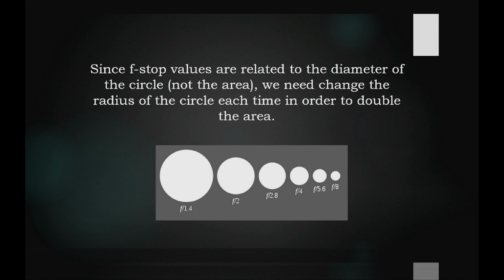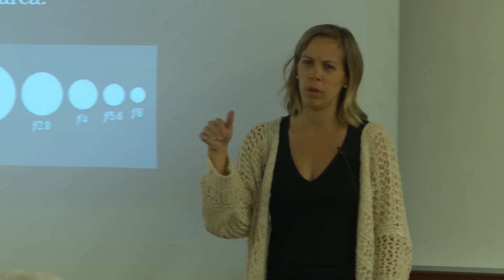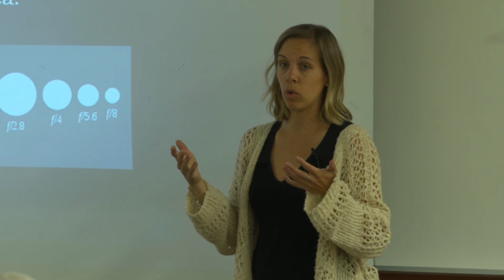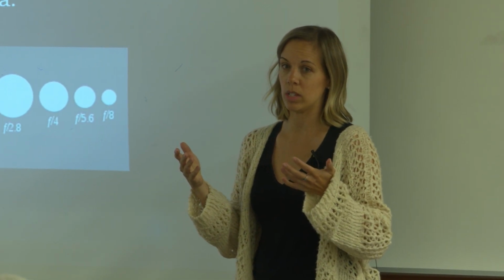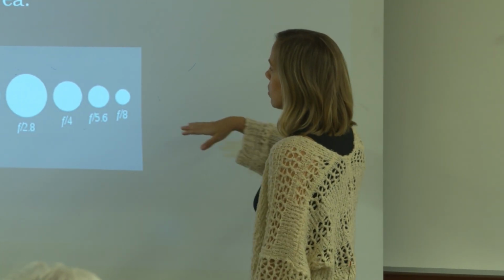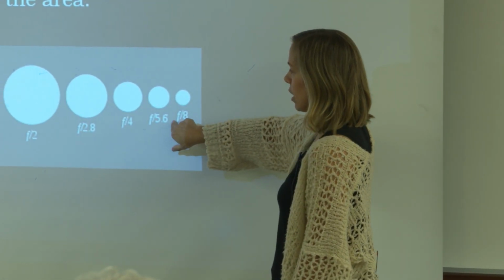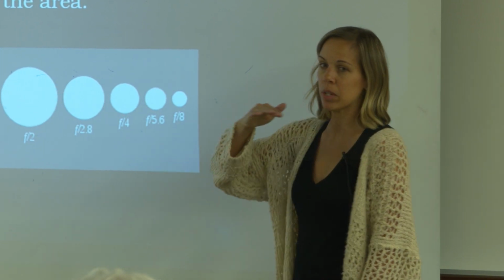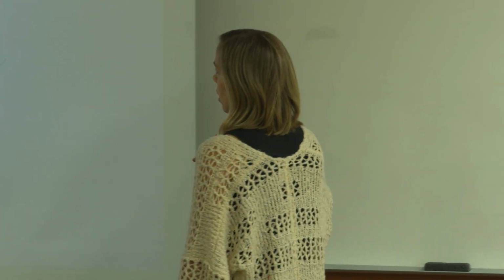And that's going to make the most sense in figuring out why in the world are we multiplying by 1.4 instead of just doubling like we did before with shutter speed. Why aren't we just multiplying everything by 2 each time? Because remember, the f-stop values are related to the diameter of the circle, not the area.